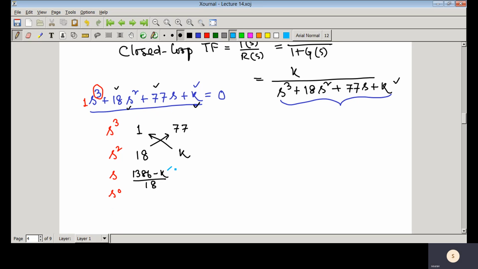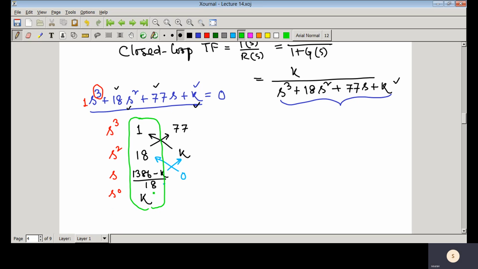And in the last row, this is K. So now you can see that this is the first column.